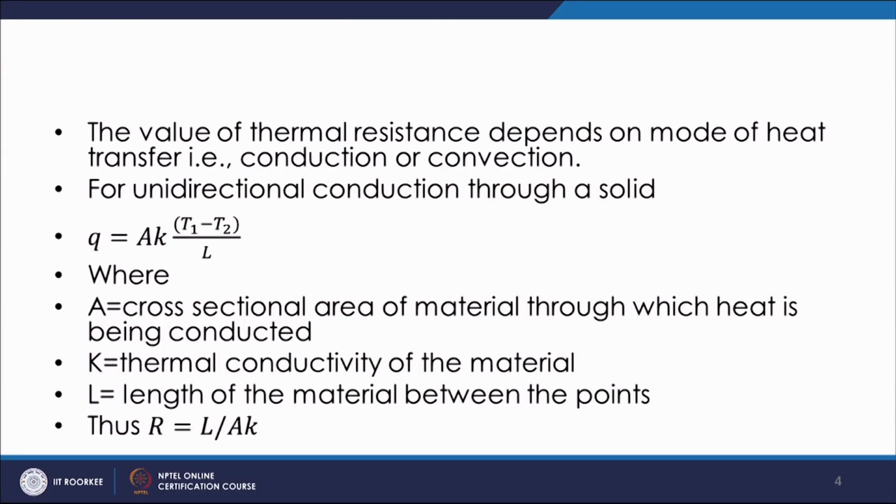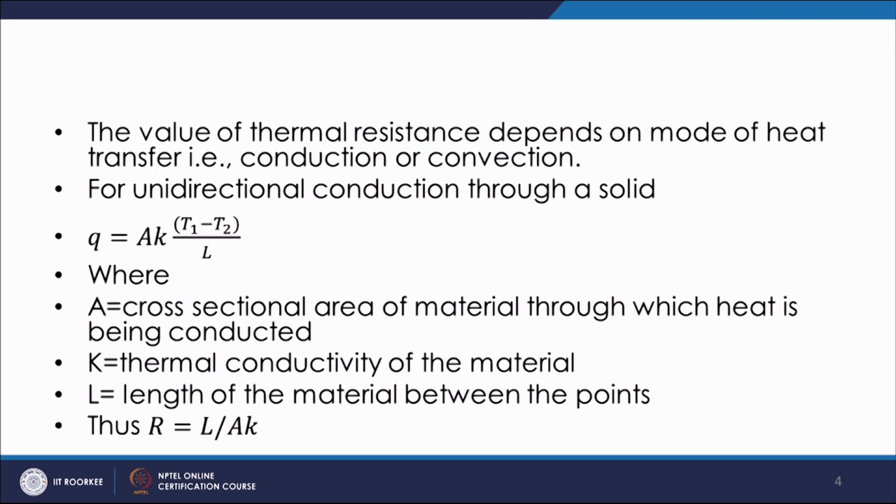Okay. Now, for unidirectional conduction through a solid, we know that Q is equal to AK (T1 minus T2) upon L. Okay. Here A is the cross sectional area of material through which heat is being conducted, K is the thermal conductivity of the material, and L is the length of the material between the points.